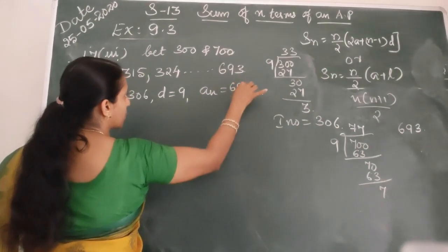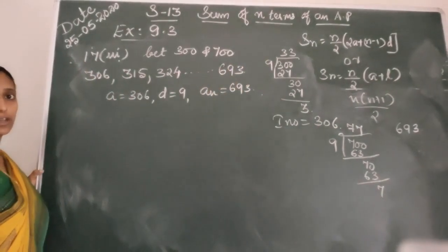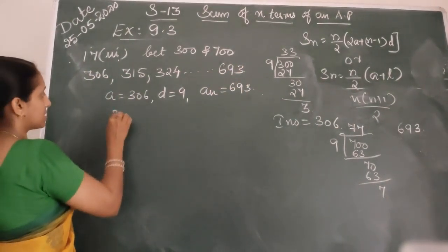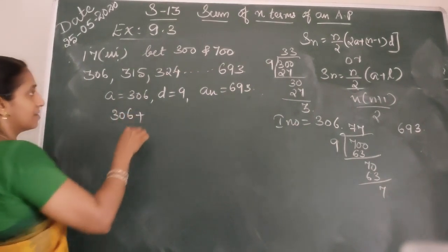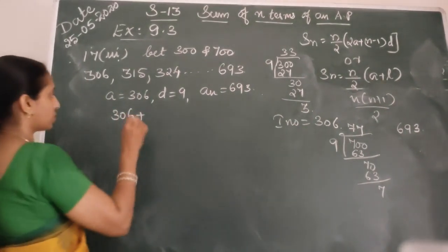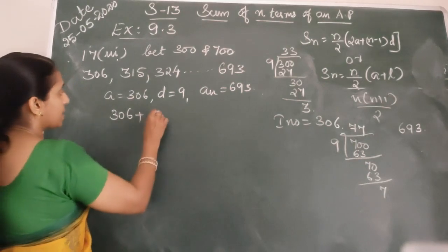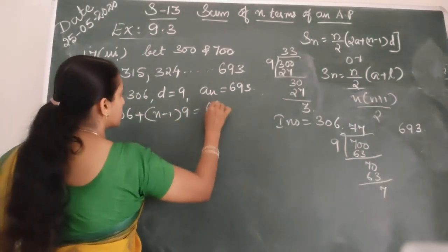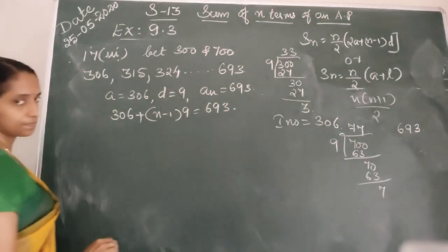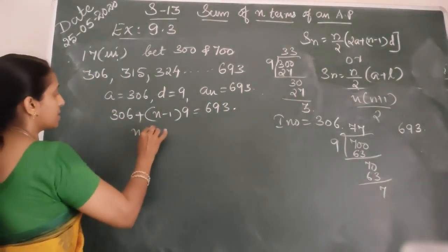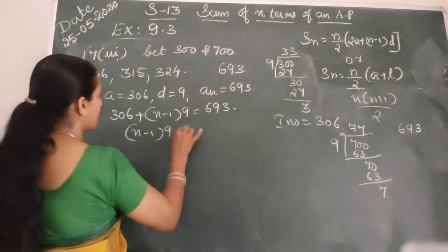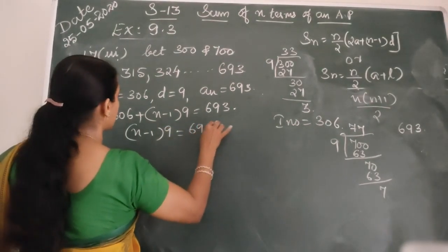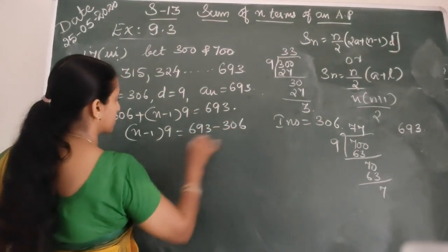So you will calculate the value of n first. That is 306 plus (n minus 1) into 9 is equal to 693. That is (n minus 1) into 9 will be equal to 693 minus 306.